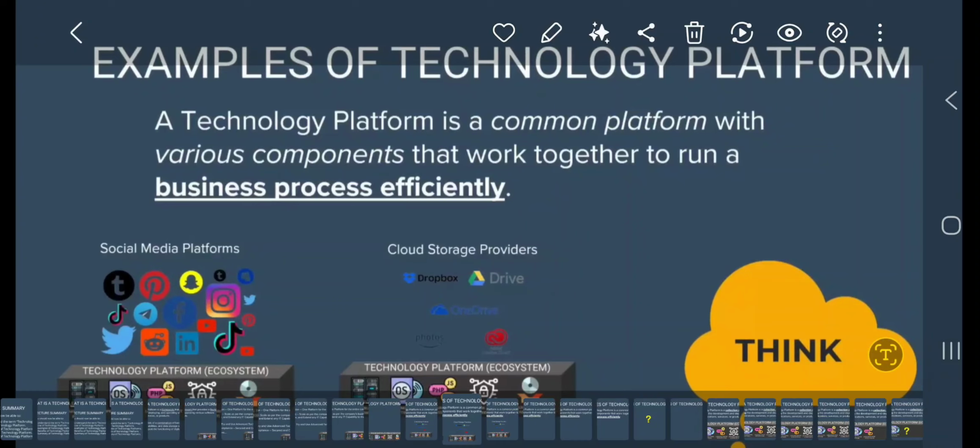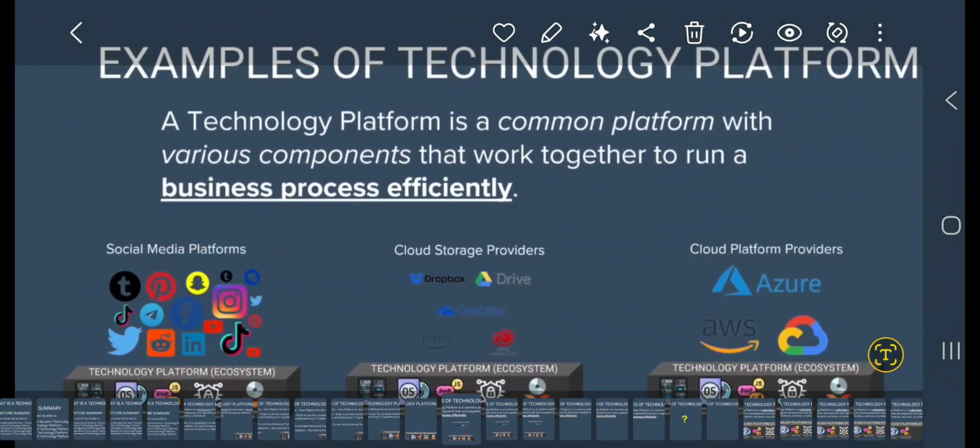I'll give you a last example, and this is very favorable, and it's my favorite as well. I think cloud platform providers are a really fascinating business model.